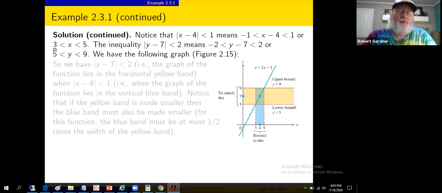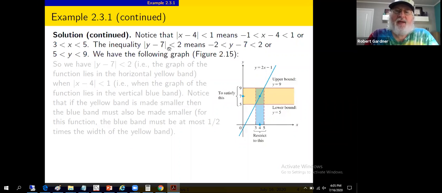So 3 is less than x is less than 5. Take the absolute value, express it as an inequality. There's information about this in the appendices as well. I think absolute values are dealt with in Appendix 1, A1. So saying this means the x values are between 3 and 5. I mean, that makes sense. They're within 1 unit of 4.